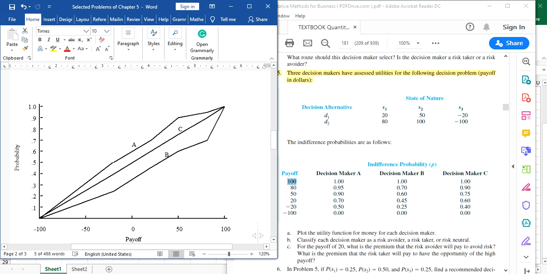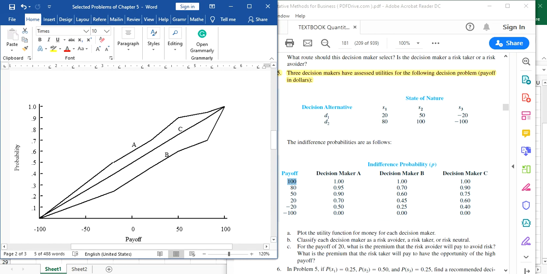Okay, so we plotted them and we find A is a concave shape, B is a convex shape utility function, and C is a straight line utility function.